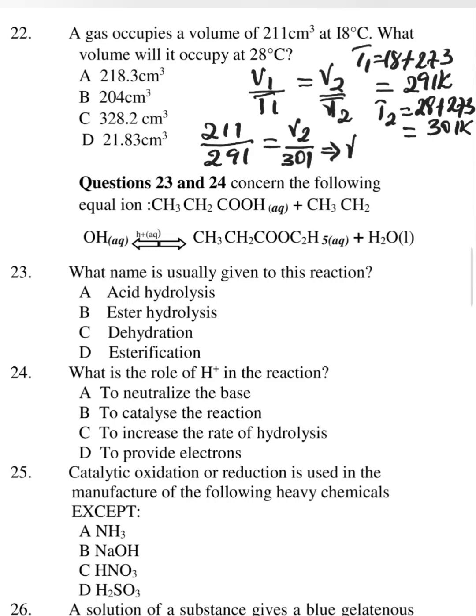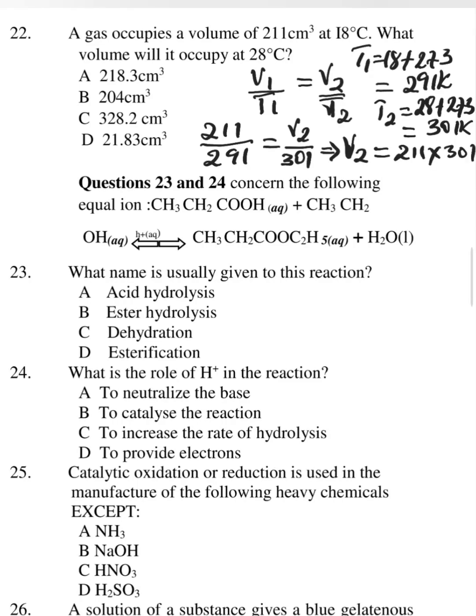So we have that V2 should be equal to, you cross multiply, 211 times 301, and we divide by 291, which gives 218.3 approximately, corresponding to option A.